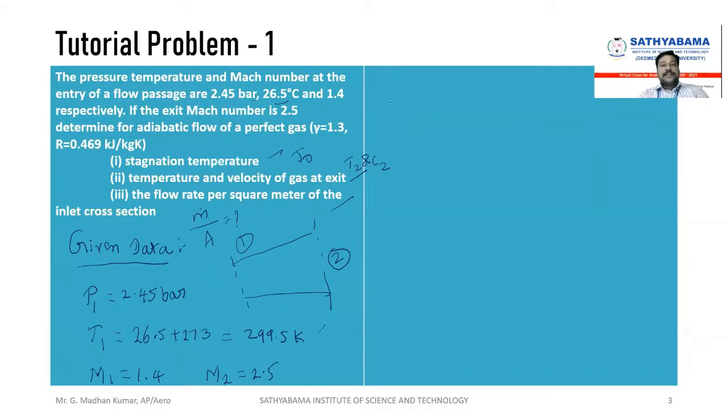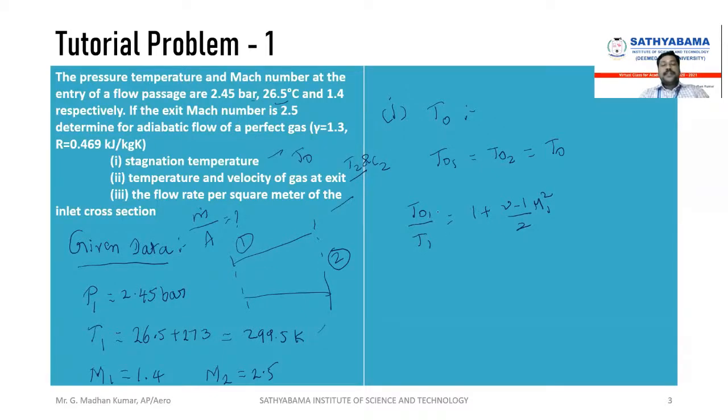So let us work it out now. First of all, we are going to solve for the stagnation temperature T0. I have told you, since the flow is adiabatic, T01 and T02 are T0. This stagnation temperature is constant. And then you are going to use this T0 by T relation, that is the Mach number relation, 1 plus gamma minus 1 divided by 2 times M1 squared.